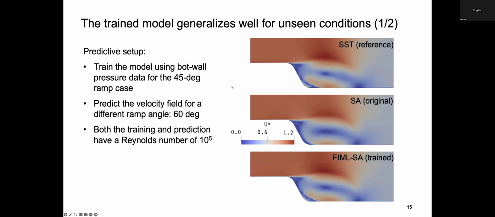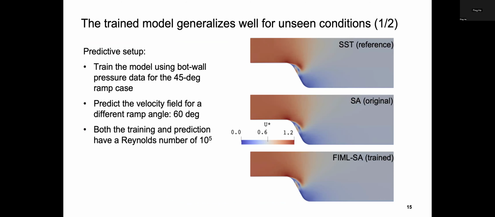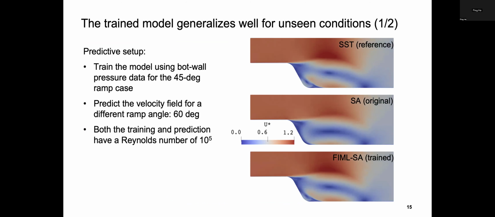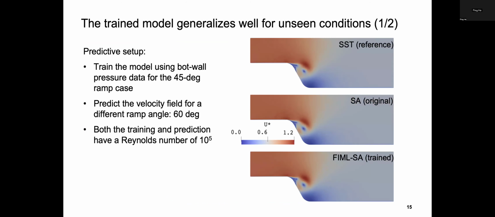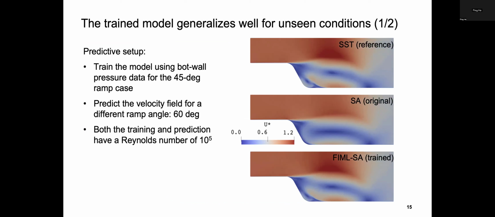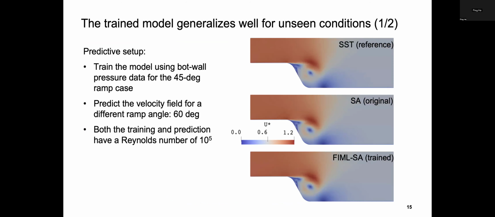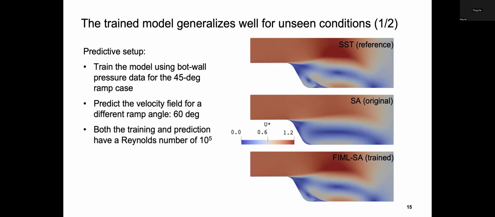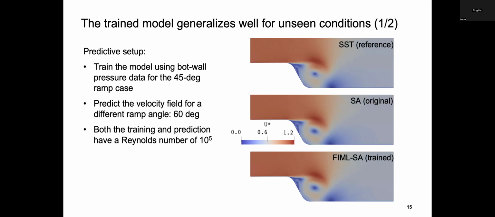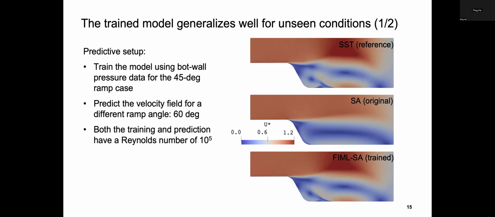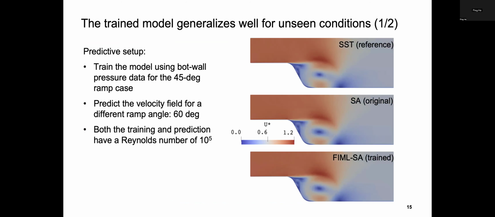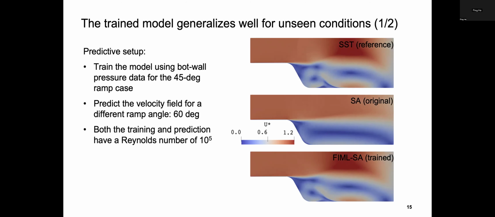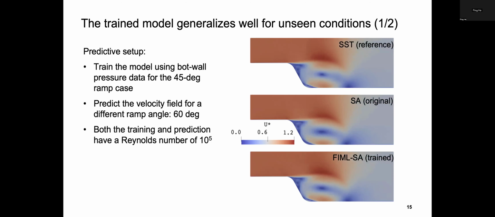And then we further evaluate performance by checking if this trained model can be generalized to some unseen conditions. The reason we want to do it is that eventually we want to use this trained model in an optimization such that it can predict flow in a similar setup. So here we use the model that is trained on the 45-degree ramp.